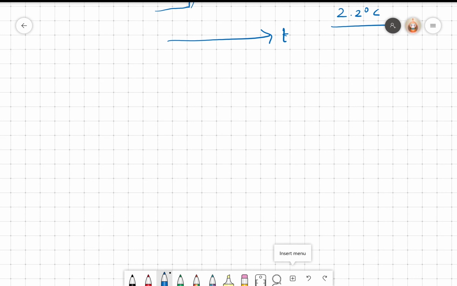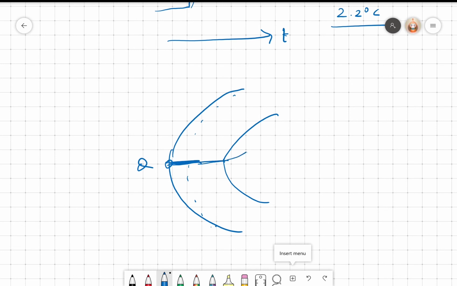So if you have the space shuttle cone like this, and you want to measure the temperature here as the space shuttle enters, the thing is this is going to be on off as the space shuttle comes back. So the only way is that you put a thermocouple here and take that out.